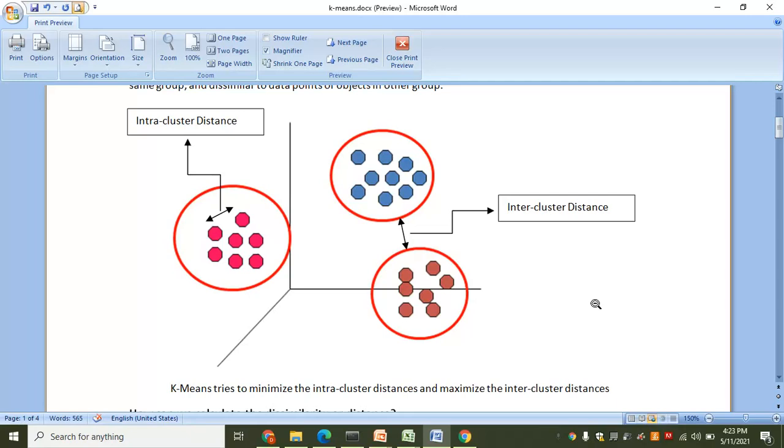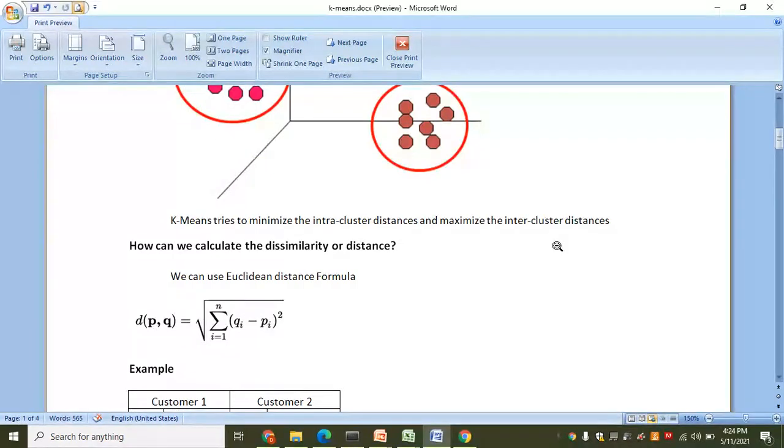K-means is a clustering algorithm which tries to minimize the intra-cluster distance, that is the distance between data points within a cluster, and maximize the inter-cluster distance, the distance between data points in different clusters. So K-means is a clustering algorithm in which we need to find the distance or dissimilarity between the data points.